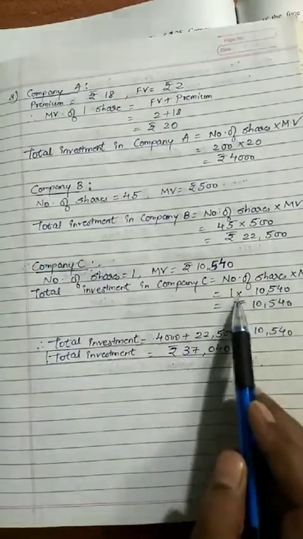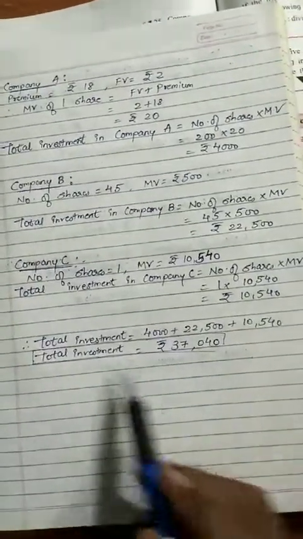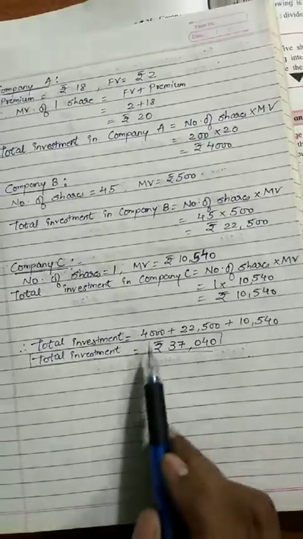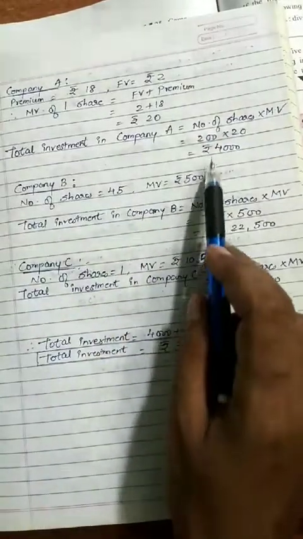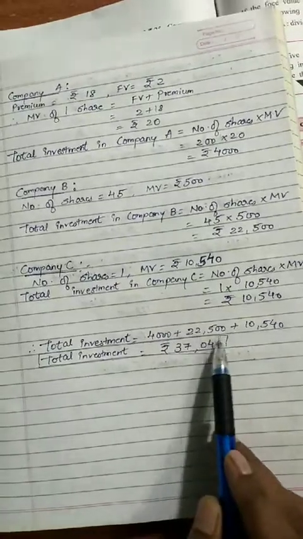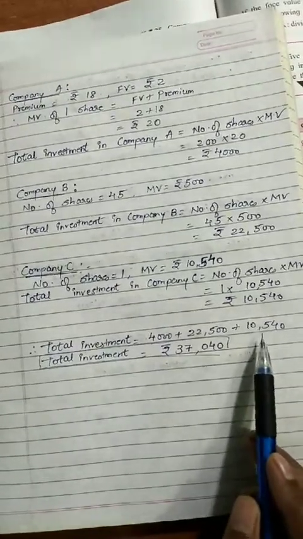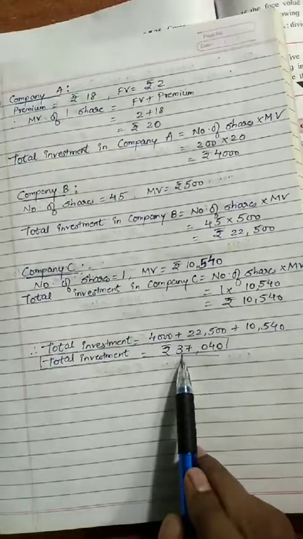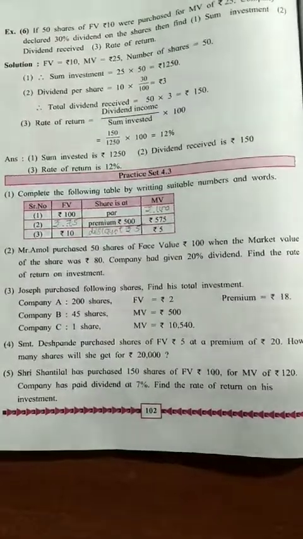So 10,540 into 1 will give you 10,540. So the total investment is what? We'll add the investment of companies A, B and C. That is 4,000 plus 22,500 plus 10,540 will give you 37,040 rupees.